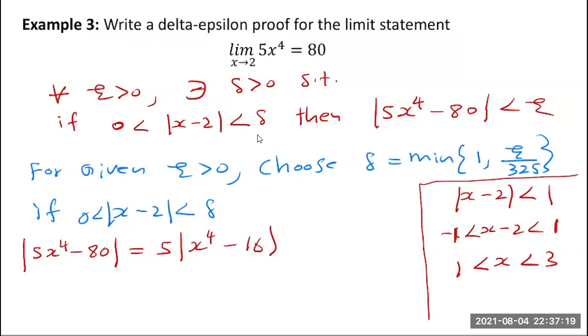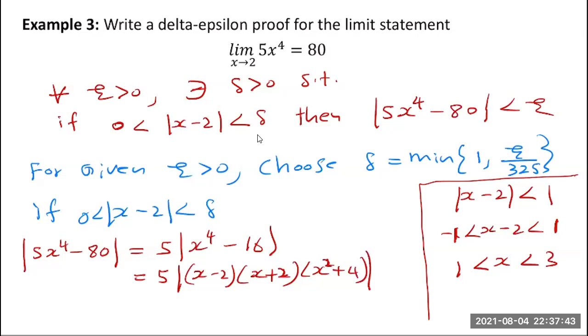And in fact, if you factorize this, you will get 5 times x minus 2 times x plus 2 times x squared plus 4. That's what you get if you factorize this.